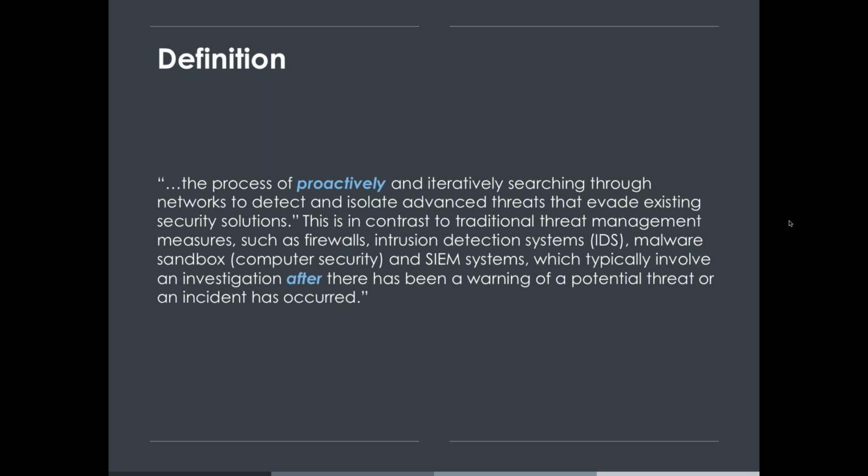Now, we've highlighted those two words there, proactively and after. Interestingly enough, if you've been on my webinars before, you've heard me kind of beat that into the ground, the idea of being proactive. So it's definitely a thread that seems to be running through the InfoSec community as a whole, but also the products. So we'll spend a little bit of time on that today.